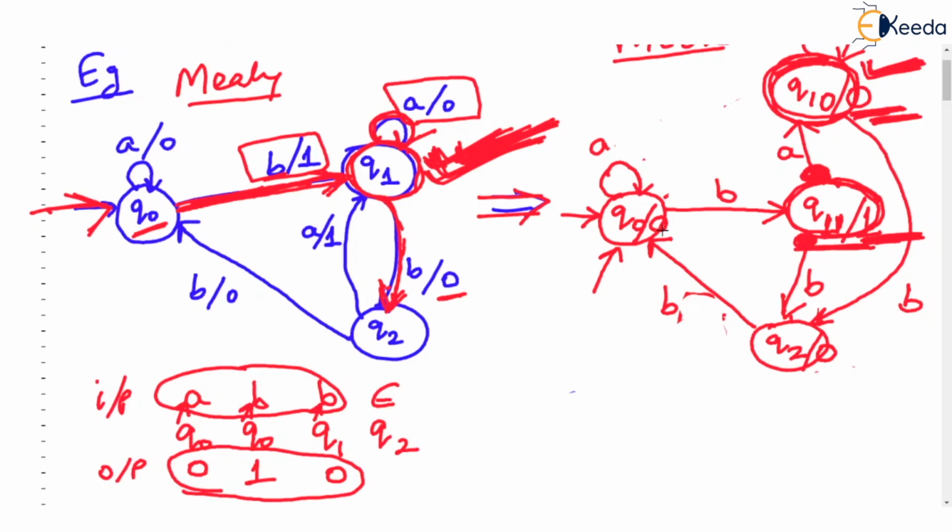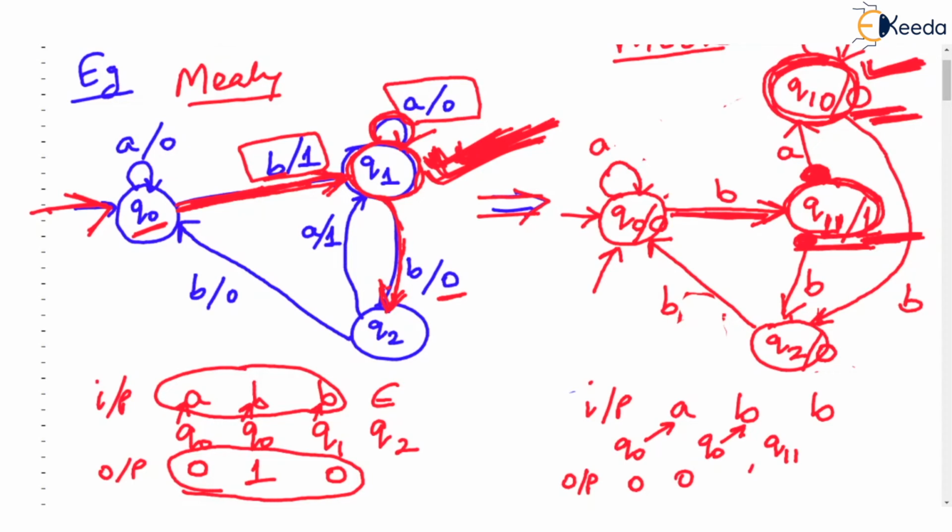Same output should be produced by Moore machine. Let's see if the input given is A double B and the current state is Q0. Now you all know that if the machine is in Q0 state, it will output 0 and then read A. On reading A, the machine will stay in Q0 but output 0 because the machine is in Q0 state, so it outputs 0. Now Q0 reads B. On reading B, it goes to the state Q11. Yes. But which Q11? Observe on reading B, it goes to the state Q11, which outputs 1.